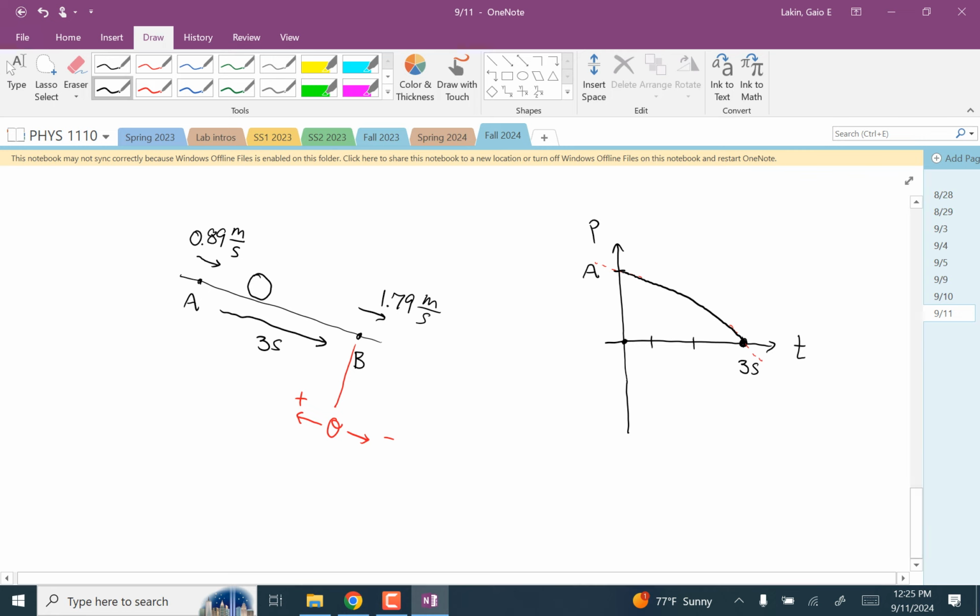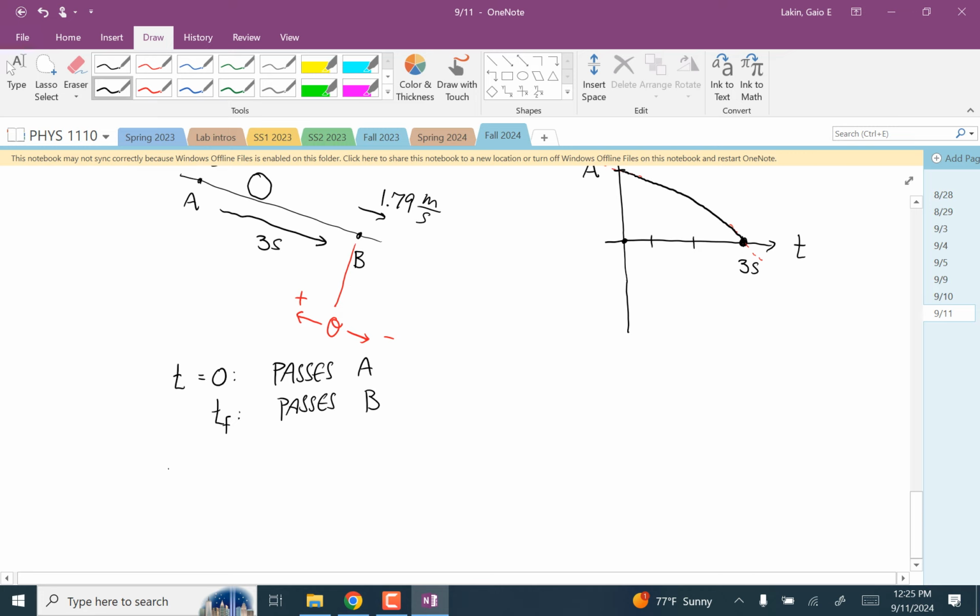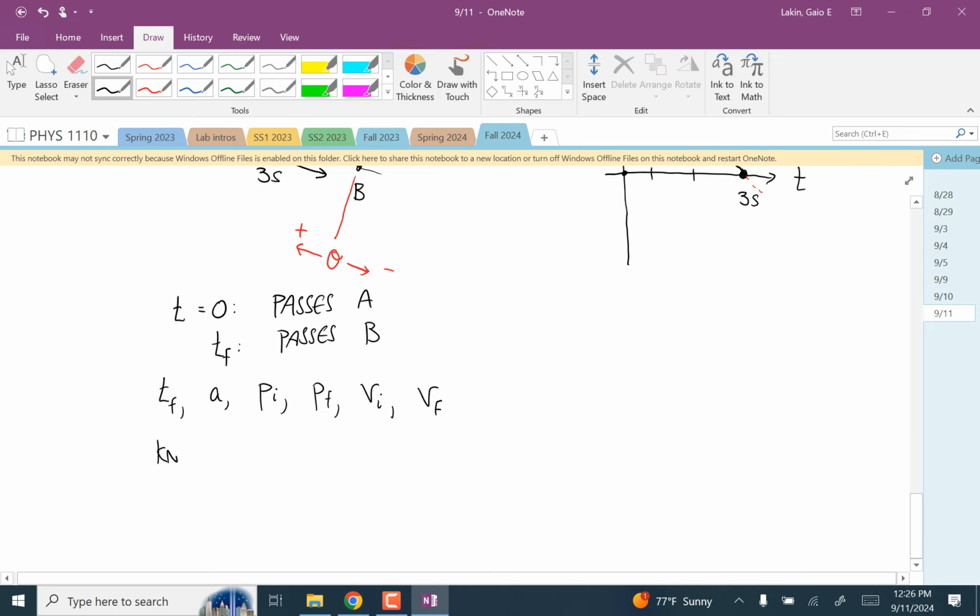I'm going to choose to do this calculation. Time equals 0, I'm going to choose when it passes A. Time final is going to be when it passes B. We're going to list out what we know and what we want.